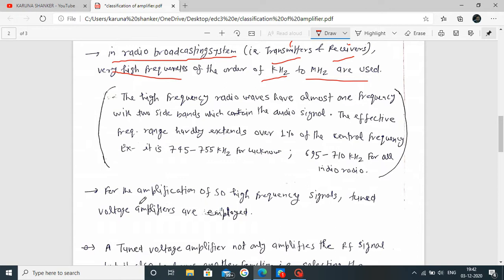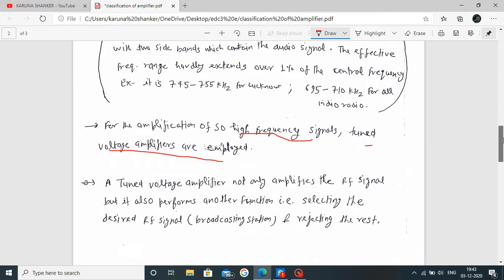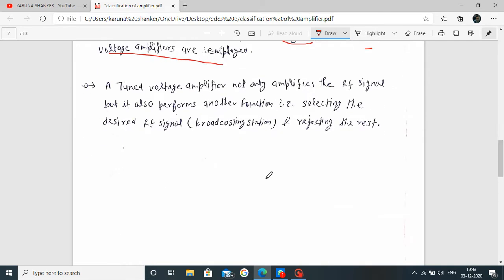The radio amplifier is for amplification purposes. We employ a tuned voltage amplifier, which can amplify a high frequency signal.